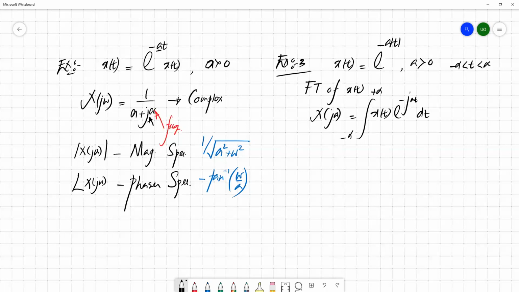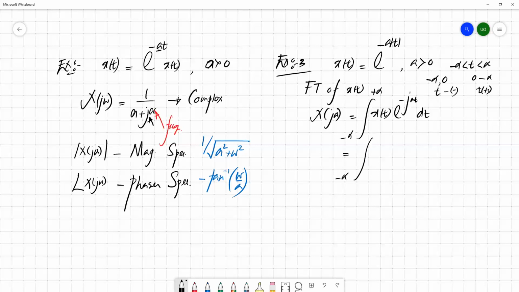In the range from minus infinity to 0, t is a negative value, and from 0 to plus infinity, t is a positive value. So we can split this integral into two.